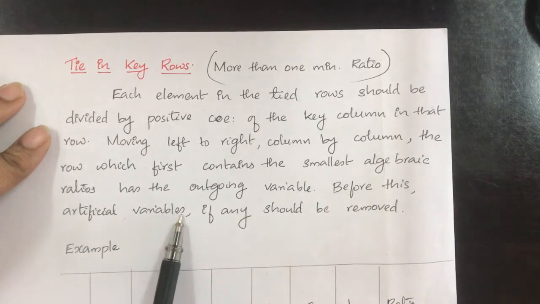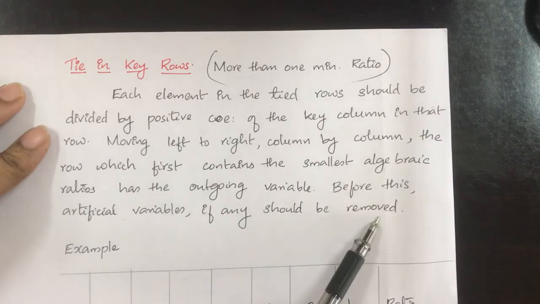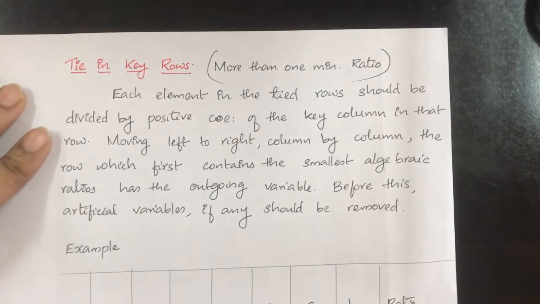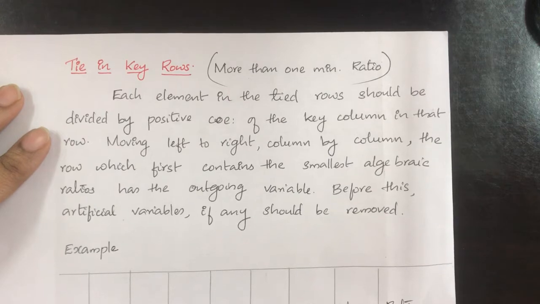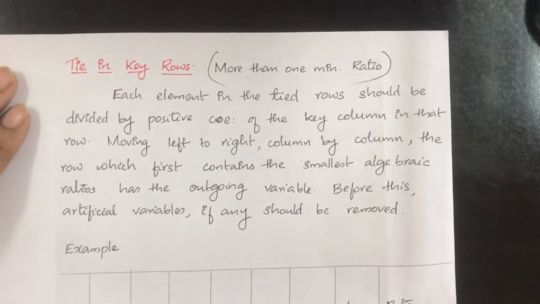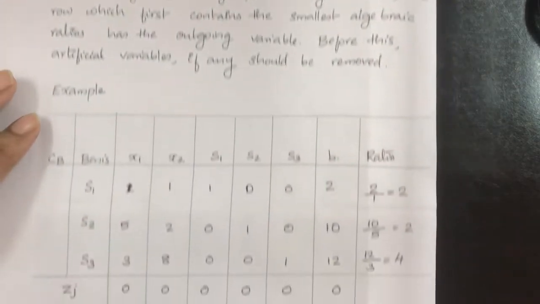Before this, artificial variables, if any, should be removed. If a tie occurs in the outgoing variable, we need to first remove the artificial variable. If an artificial variable is in the basis, it should be removed first. Then if slack or surplus variables are in the basis, and a tie occurs, we proceed as follows.